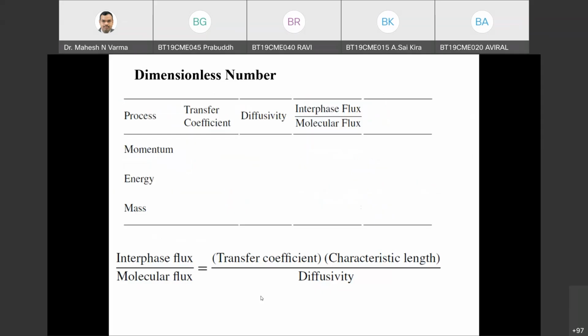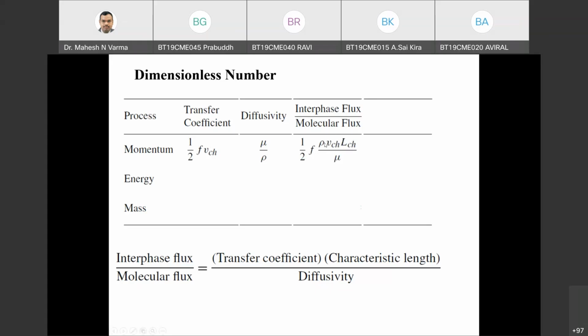So these are the three numbers. For momentum transfer, the transfer coefficient will be half friction factor into velocity, and diffusivity mu by rho. Now looking at the transport phenomena point of view, I'm studying three subjects together: heat transfer, momentum transfer, and mass transfer.